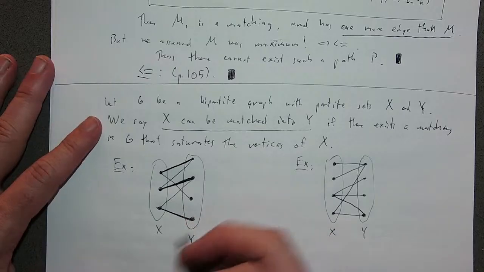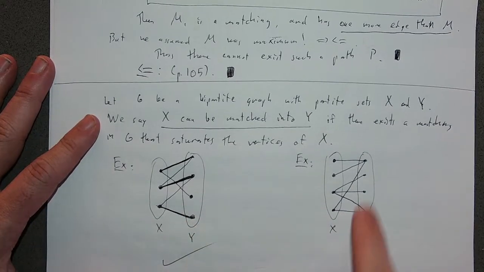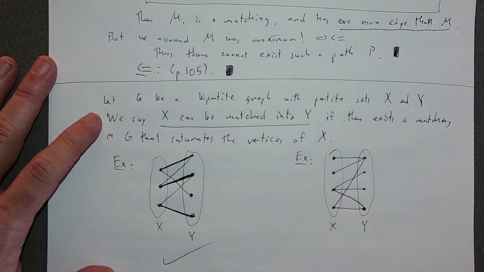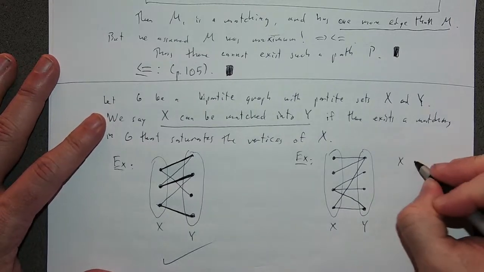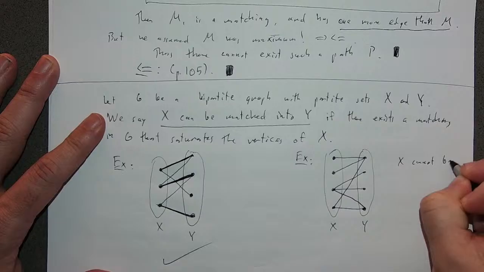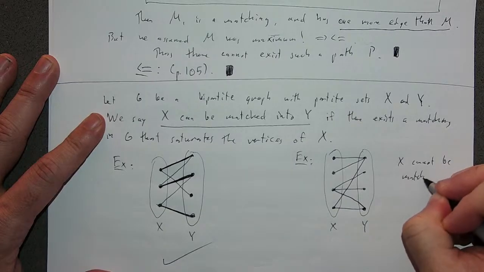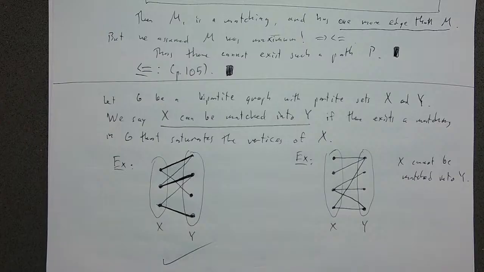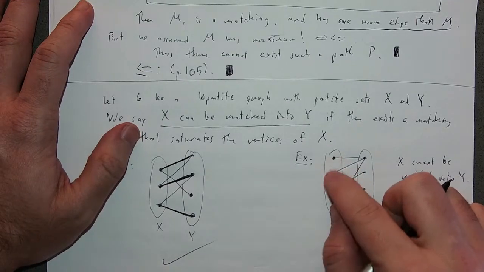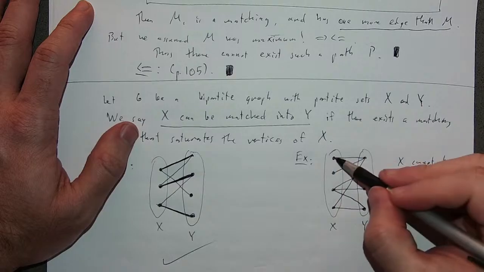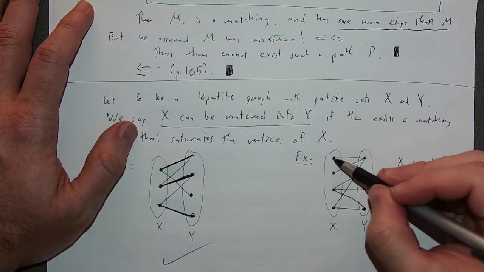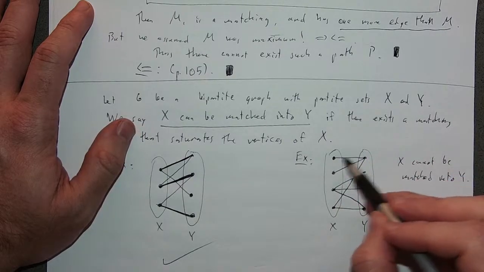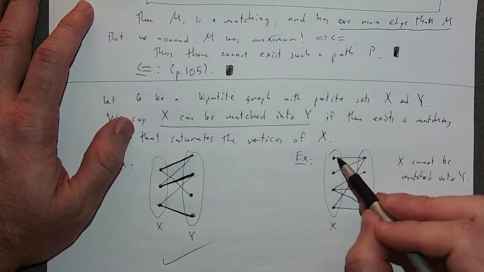So here the answer was yes. Can X be matched into Y here? Well, no. The way to think about this is for these two vertices, the only possible edges to include are this one and this one.